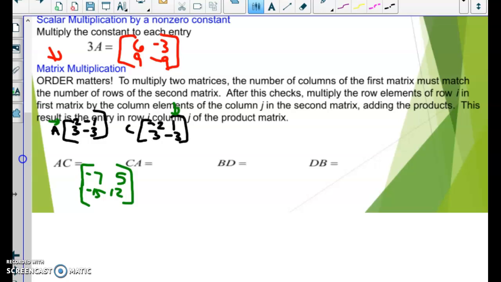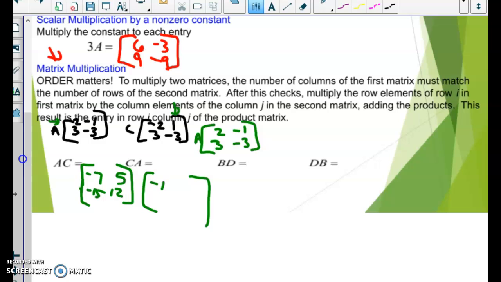Now, let's do the same thing doing C times A, the other order. So I'm going to write A over here, because I want them in the correct order when I do the multiplication. First row times the first column, I get negative 4 plus 3 is negative 1.